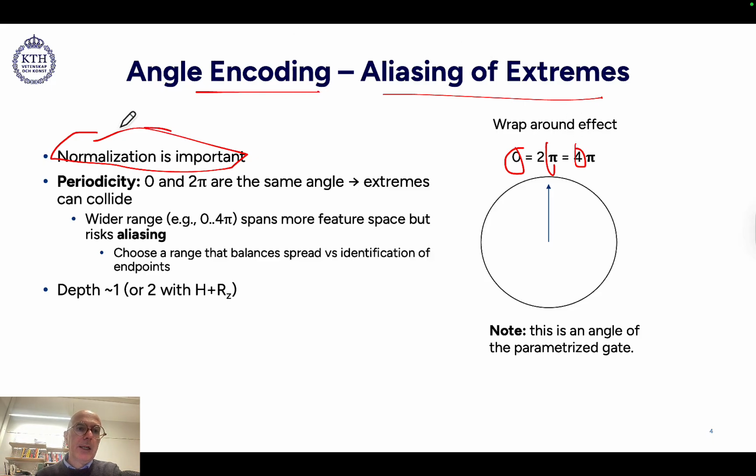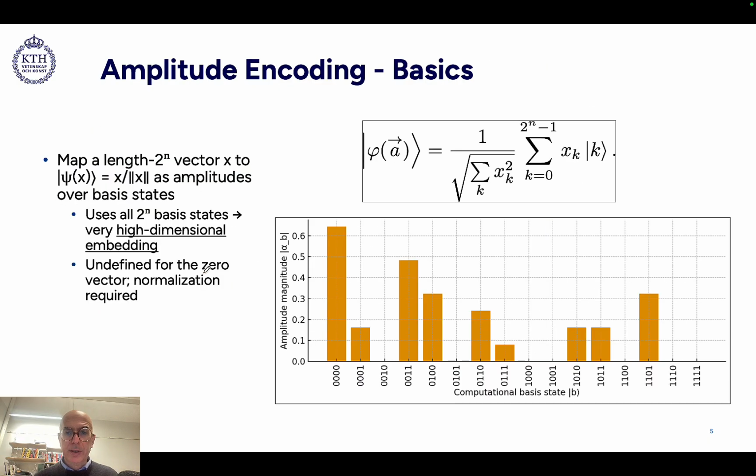We need to be quite careful about the range of our data and how we normalize, because of this issue of periodicity. As I mentioned, one of the major advantages is that the depth is very shallow, maybe 1 or 2, if we use some Hadamard gates and rotation in the Z on the Bloch sphere.